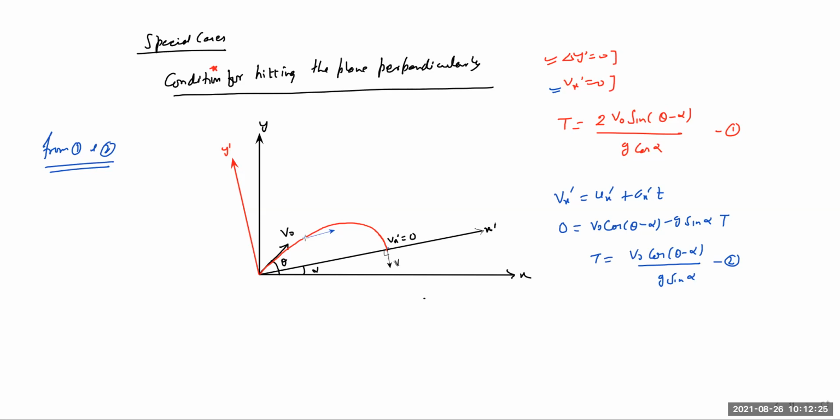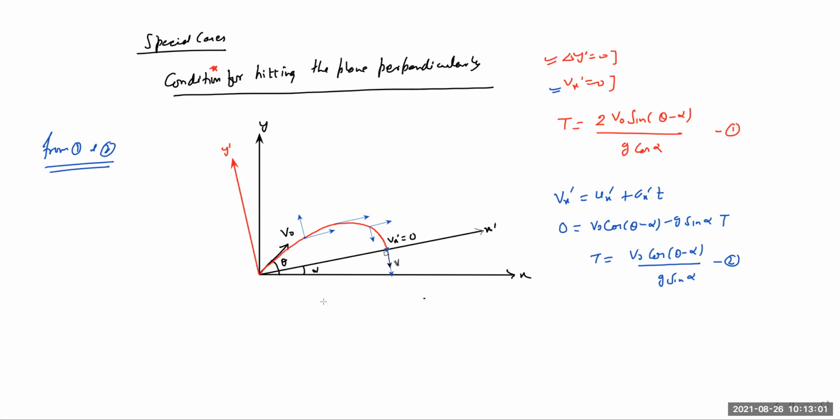Here y dash is this way and x dash is this way. After some point, if you are here, only x dash is present and y dash is 0. After that, x dash becomes smaller and y dash grows in the downward direction. And the moment you reach here, x dash becomes 0 and there is only y dash, which I have drawn.